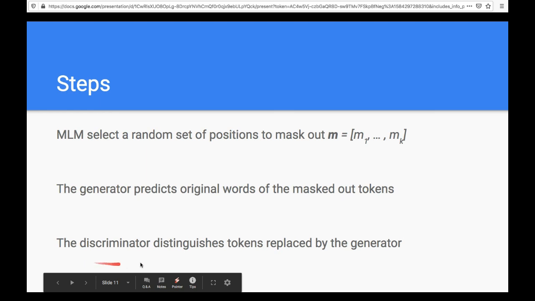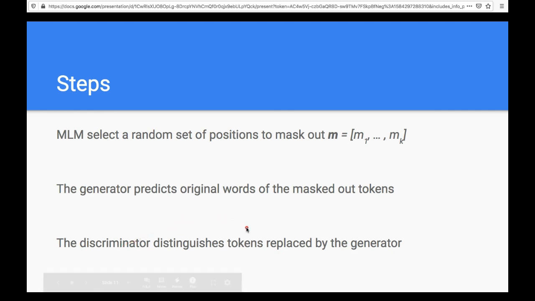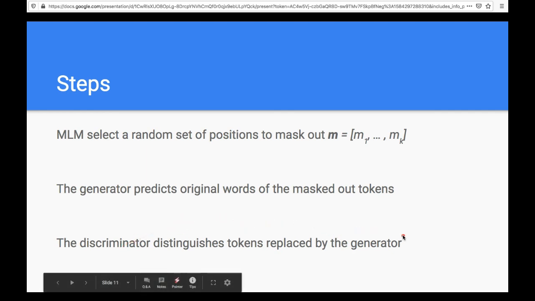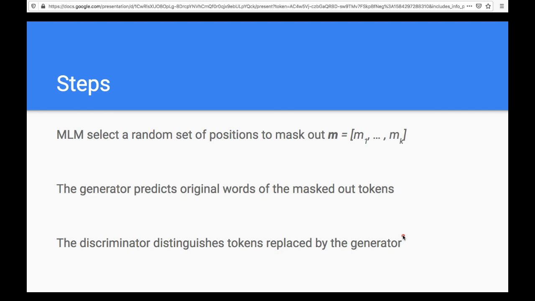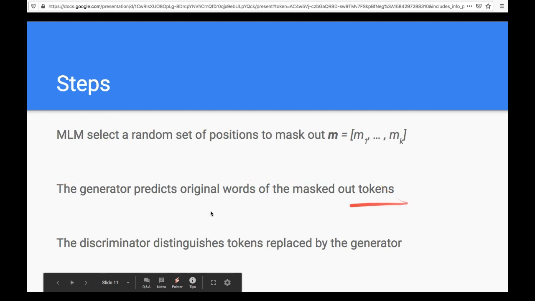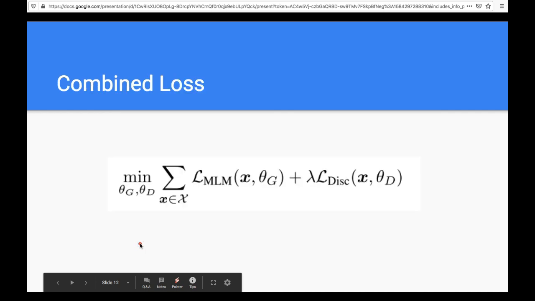And the objective of the discriminator is to distinguish tokens that were replaced by the generator. Basically, it says whether this token is real or not real. So this is the objective for the generator, and this is the objective for the discriminator.